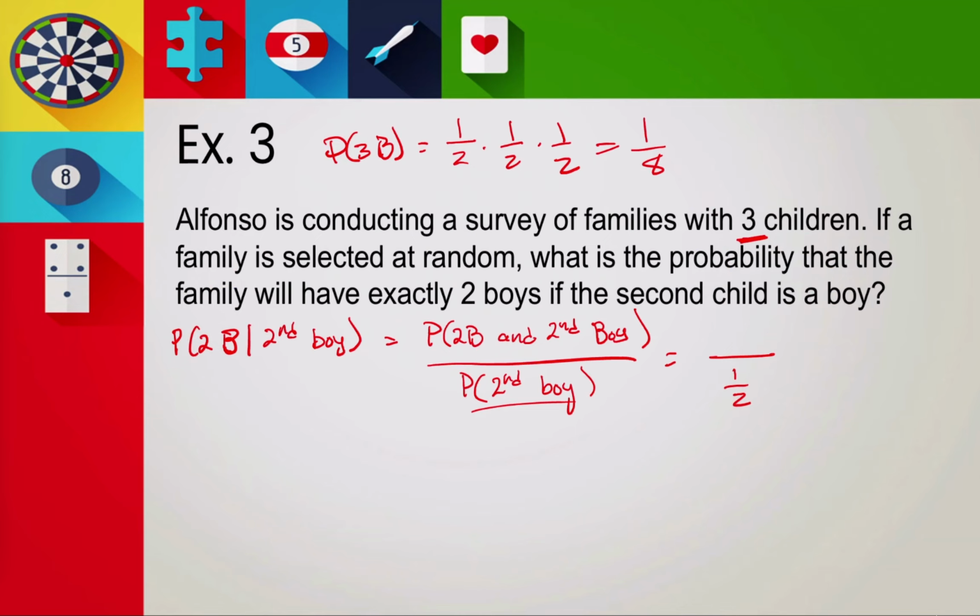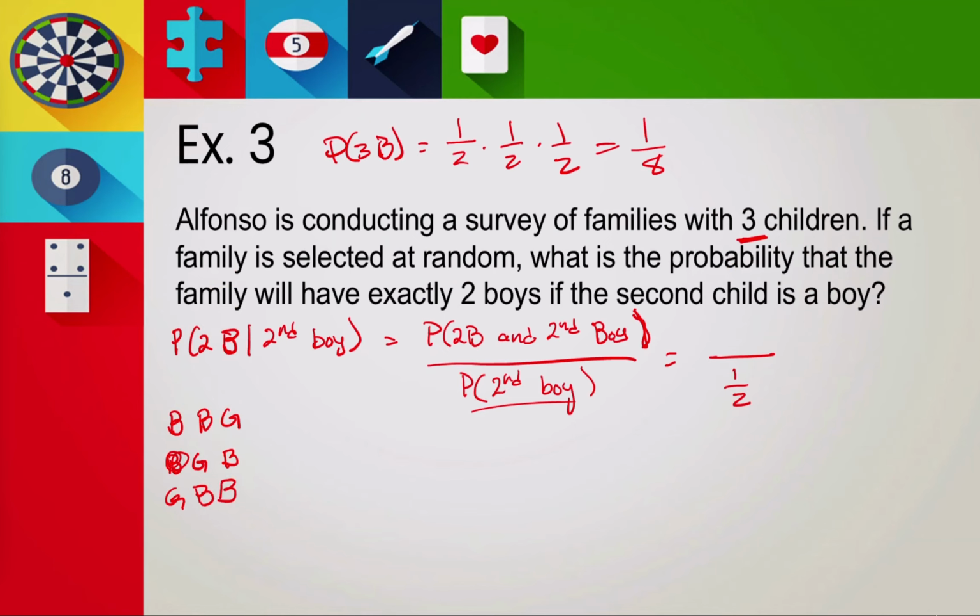And so how many of those scenarios have exactly 2 children and the second child is a boy, right? Exactly 2 boys and the second is a boy, right? Ones with exactly 2 boys, you can have boy, boy, girl, or boy, girl, boy, or girl, boy, boy.